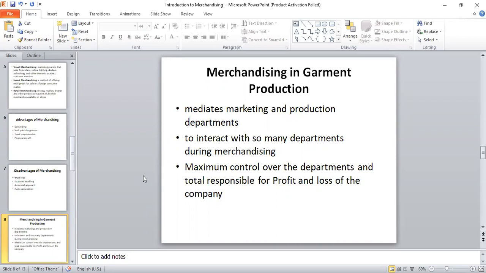They have maximum control over the departments and are totally responsible for the profit and loss of the company.